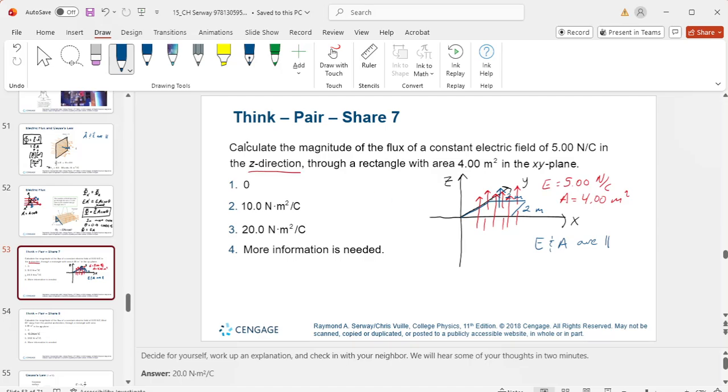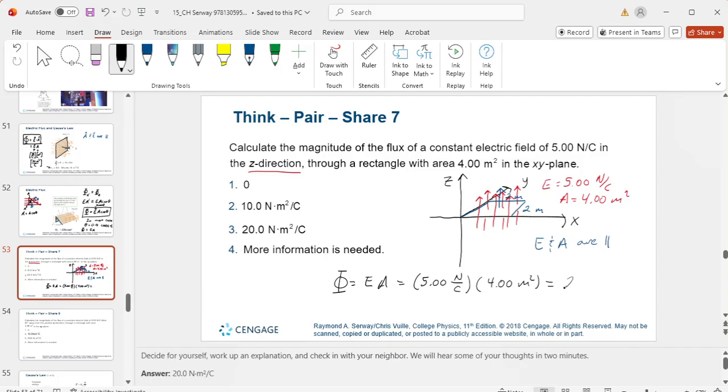So what we can do now is say that the flux is equal to E times A, which is equal to 5 newtons per coulomb times 4 square meters.